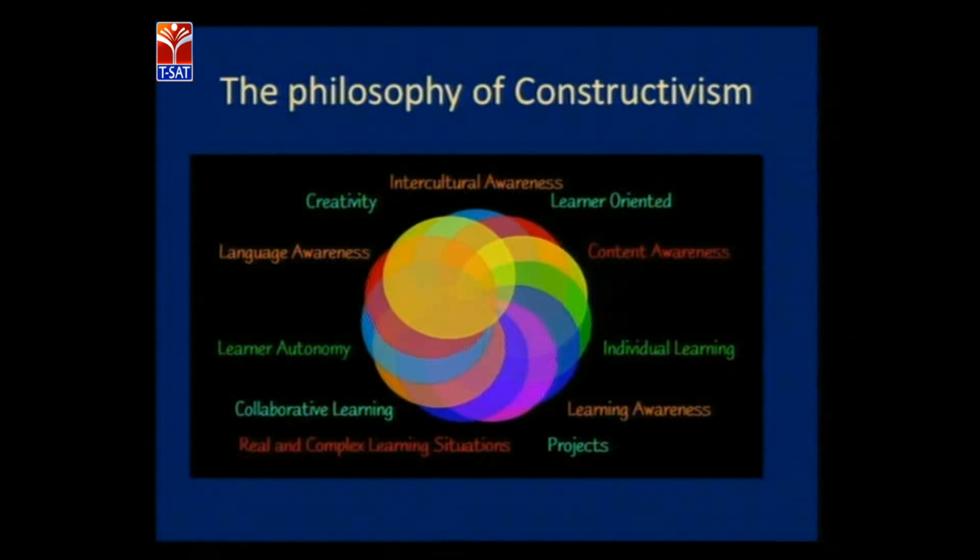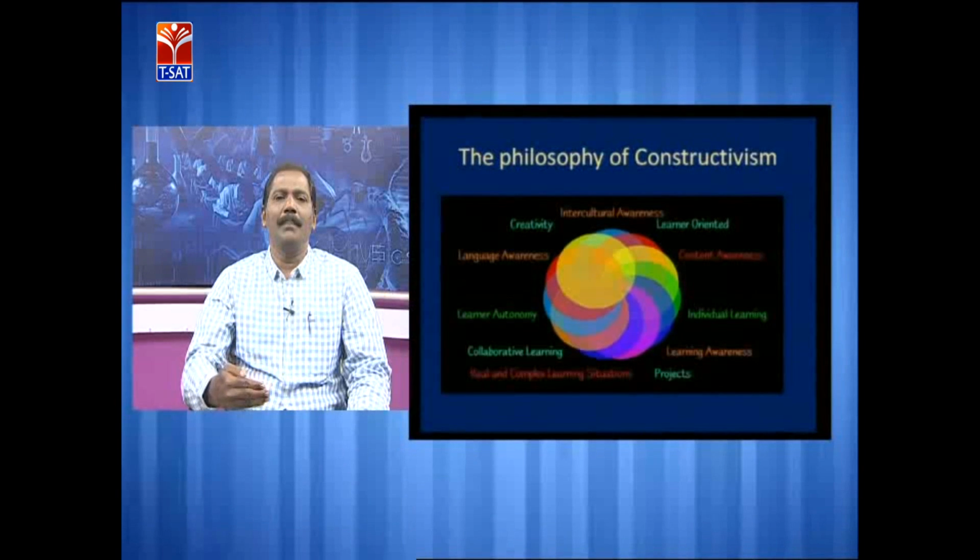Learner autonomy: in constructivist philosophy, the learner is given utmost autonomy. He feels complete freedom to select his own learning situations. He understands in his own way. He comes out with his own opinions, ideas, thoughts. And this also speaks about collaborative learning.